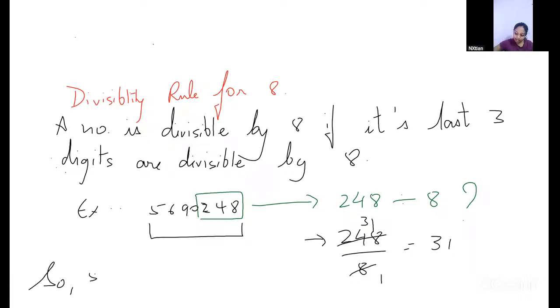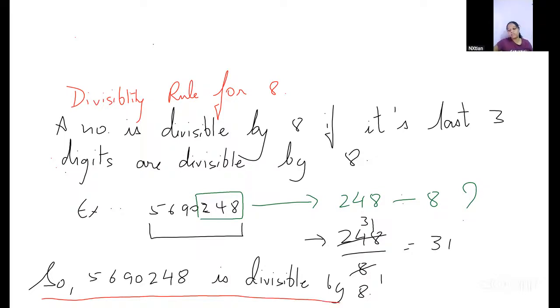What is the number? 5690248. 5690248 is the number with which we are checking the divisibility of 8. 5600, okay.